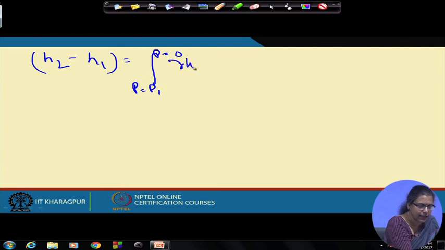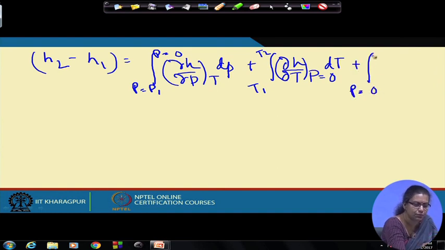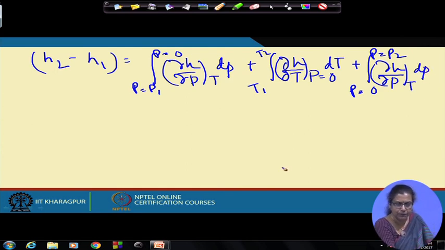This is the integral of del H del P at constant T dP, plus at this pressure P equals to 0, we would like to perform the integral of del H del T at constant P from T1 to T2 at P equals to 0 dT, plus from P equals to 0 to P equals to P2, we would like to perform del H del P at constant T dP, isn't it?